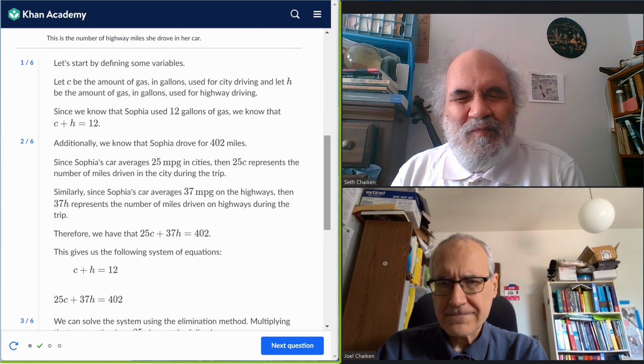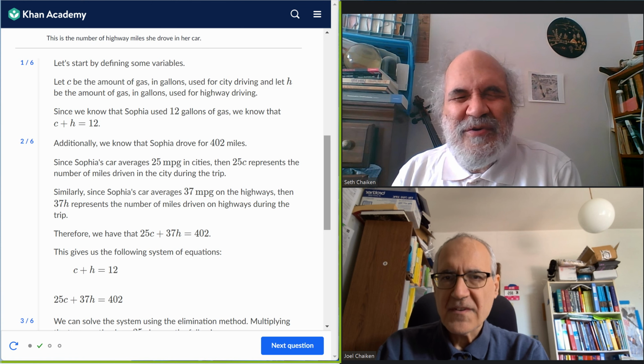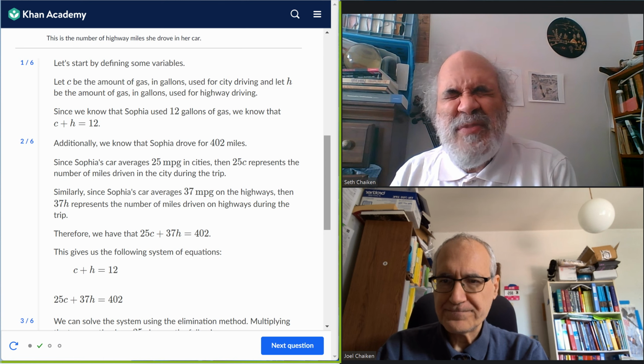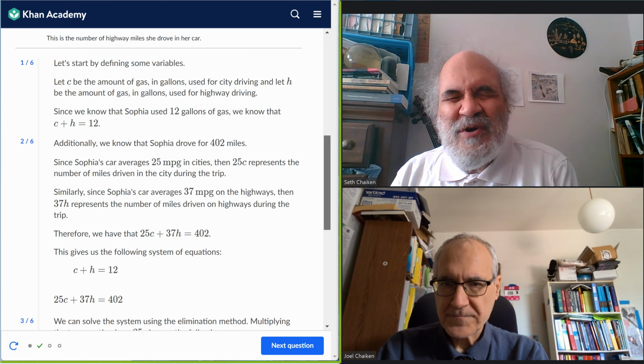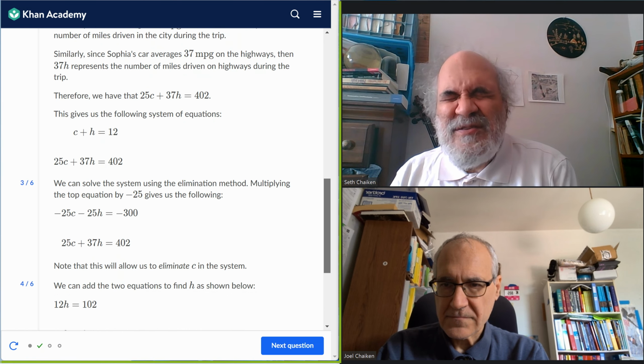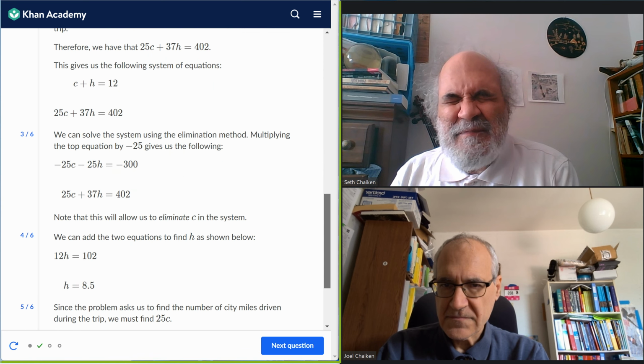Well, when setting up this problem, there are two choices for what variables to use. The choice we used was numbers of miles. The choice they used was numbers of gallons used in the city and on the highway.